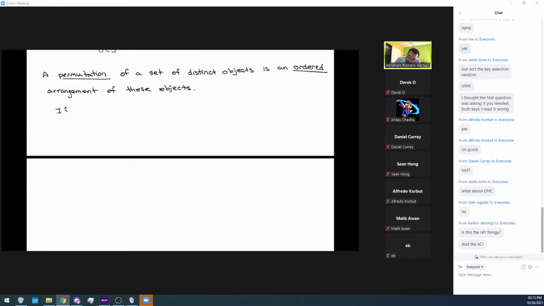If N and R are integers, with R being greater than or equal to 0, but less than or equal to N, then P of N comma R is equal to N factorial over N minus R factorial.